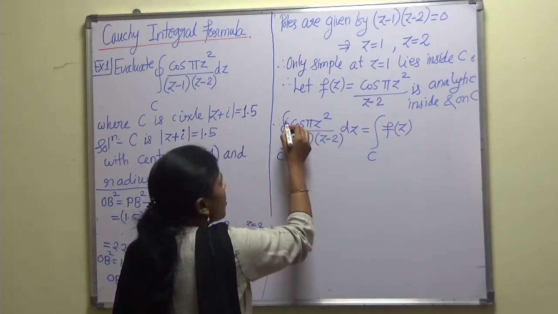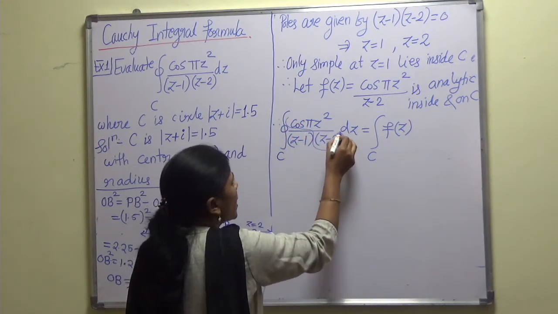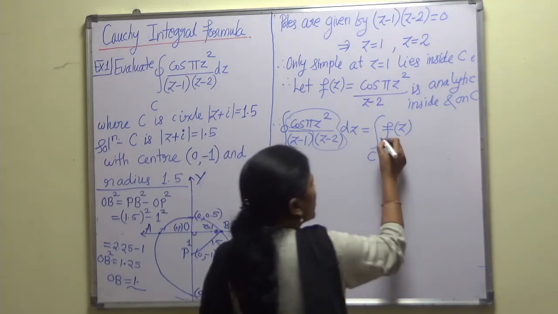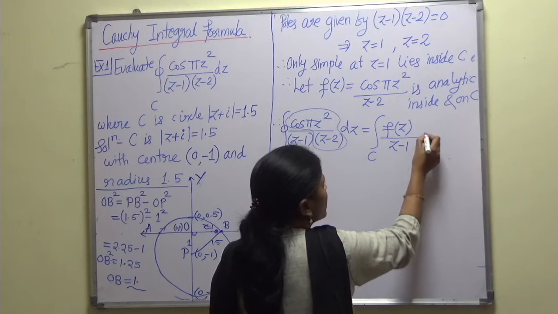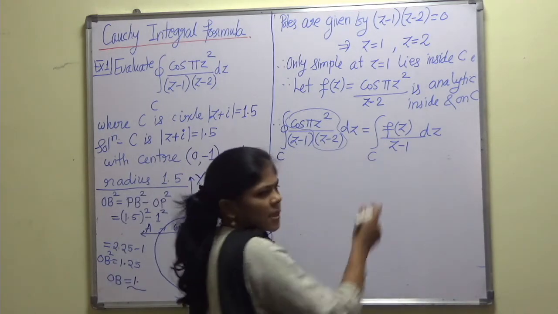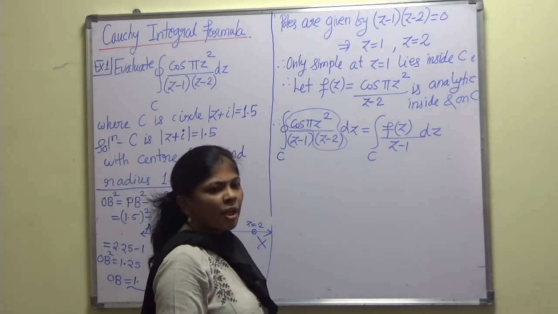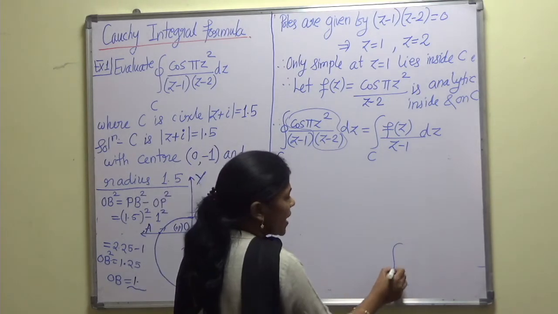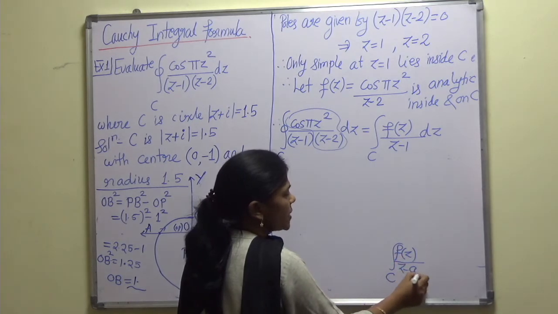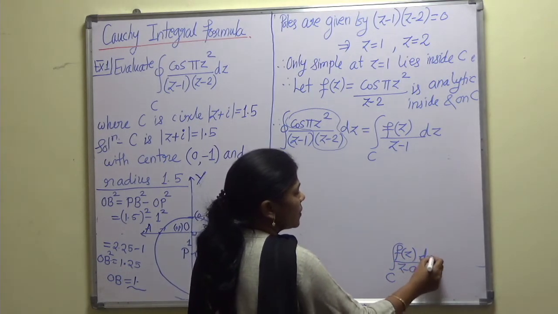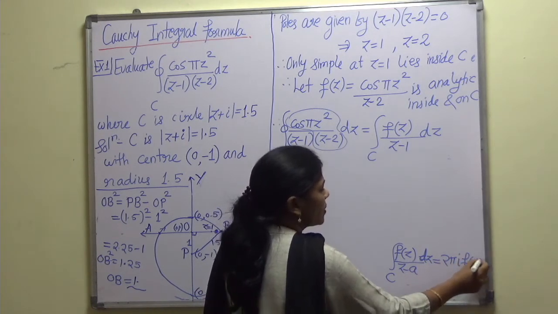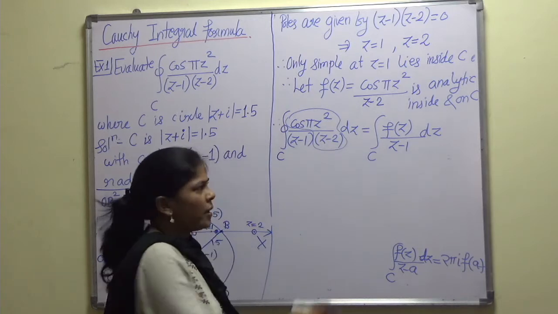See here, this part is utilized in f of z, and whatever is left should be written as it is, that is z minus 1. Look at this, it is just as per the requirement of the Cauchy integral formula: the integral over C of f of z upon z minus a is nothing but 2 pi i times f of a. Just identify a and get the answer.